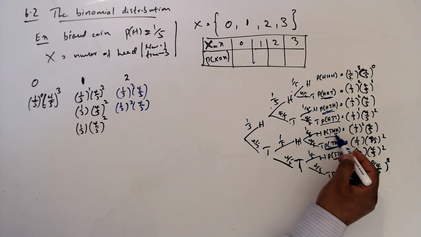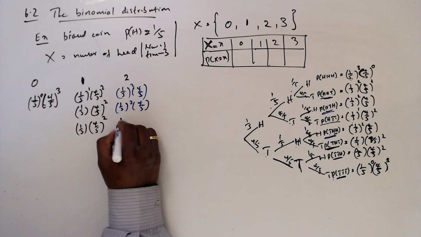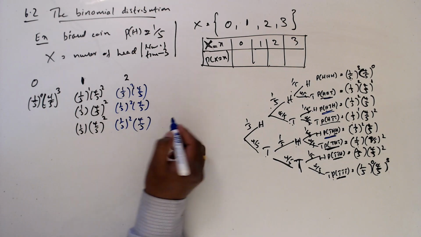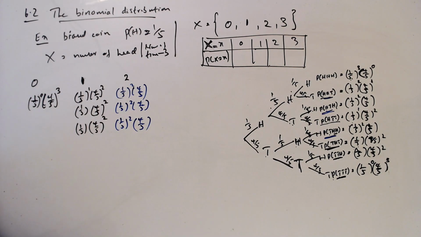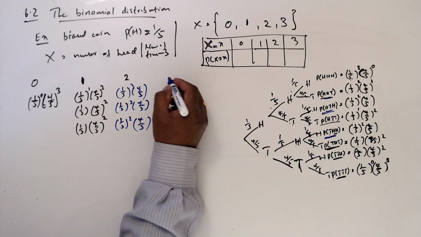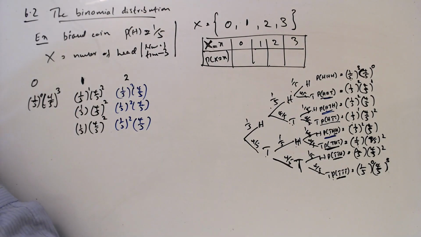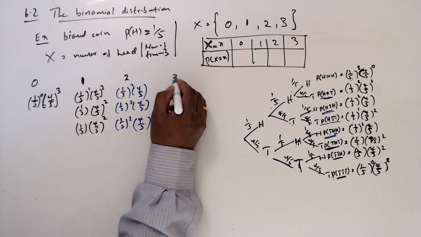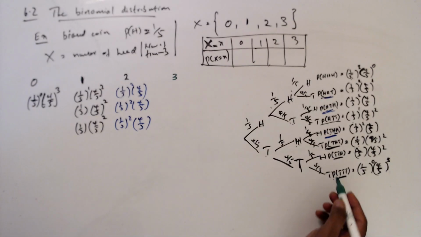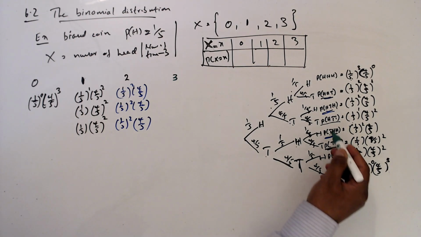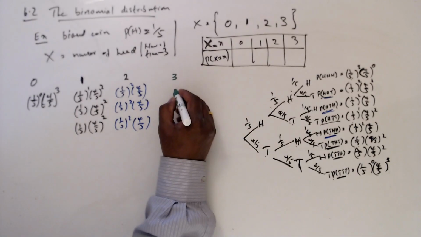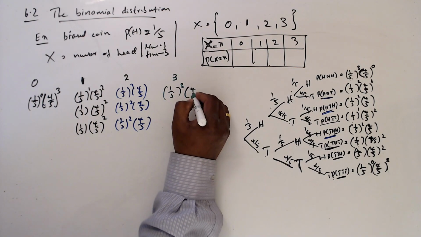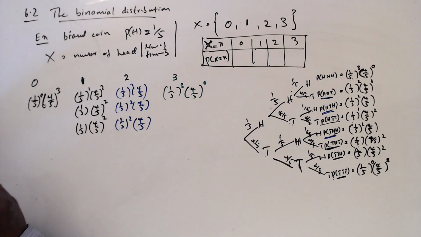And THH again: 1/5 times (4/5) squared. Then we get 3 heads. So we pick up everything, and the remaining one is 3 heads: (1/5) cubed and (4/5) to the power 0.